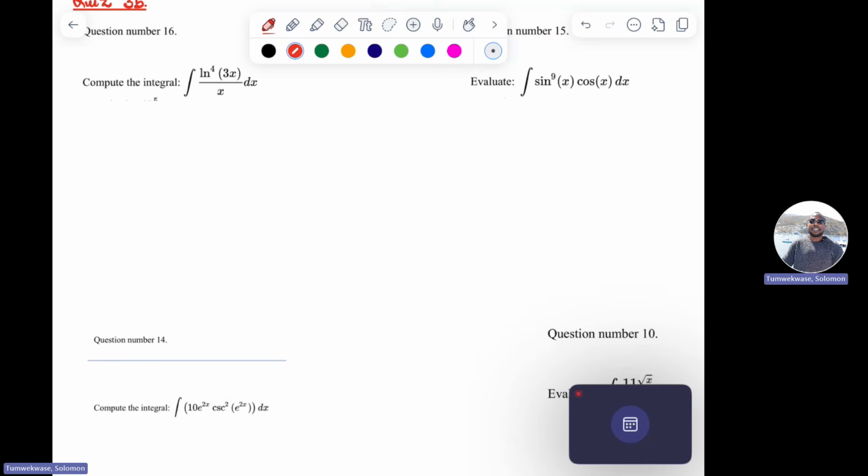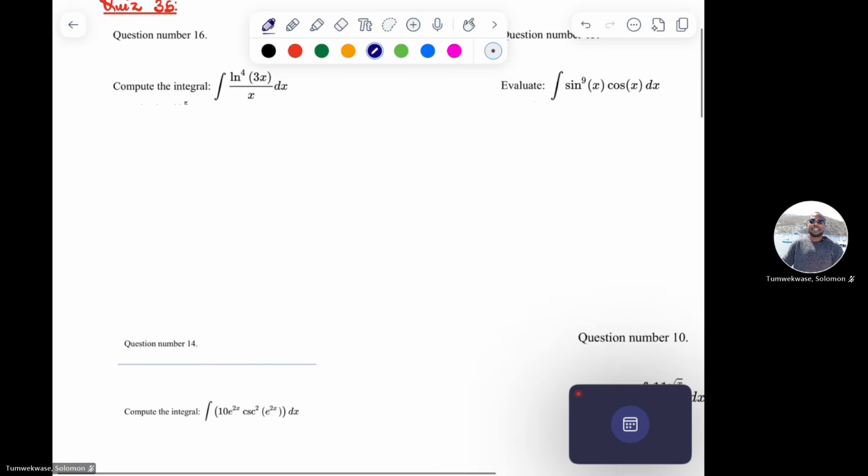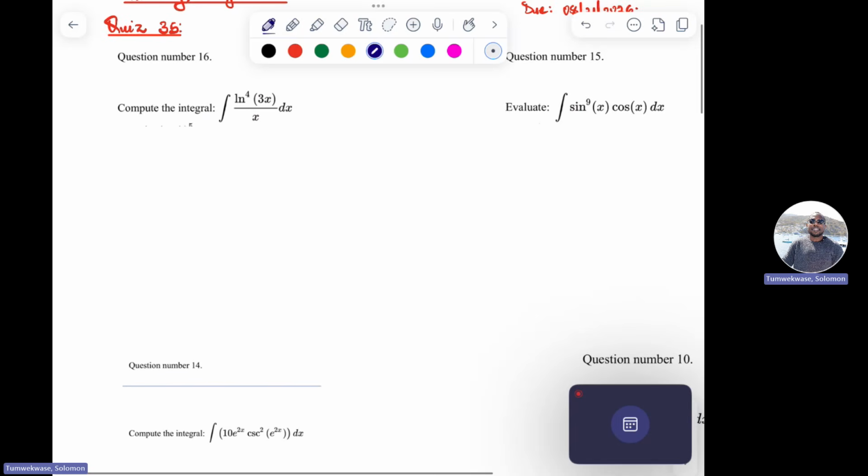In quiz 35, I chose question 16, and in question 16, we are required to compute that integral. Let me remind you once again, if we don't have limits, then that is an indefinite integral, and don't forget the integration constant.